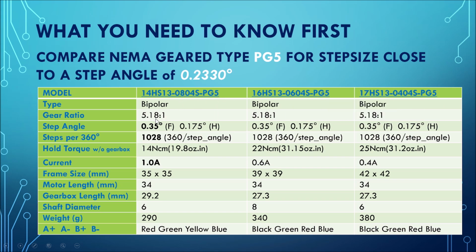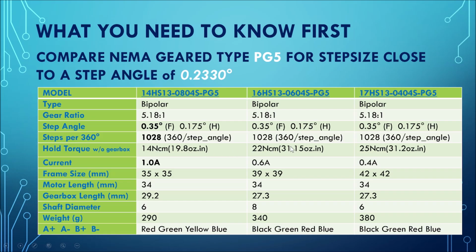They all have a gear ratio of 5.18. They give a step angle of 0.35. What we're looking for is something a bit less than that, or a step size of 0.175 driving half steps. So the number of steps per 360 degrees is 1028. The holding torque, as you can see here, is without the gearbox. With the gearbox, it's significantly higher.